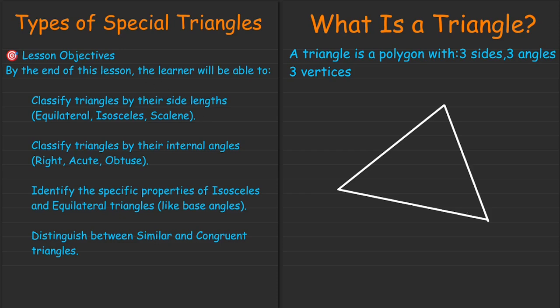In this lesson, talking of the classification or the types of triangles, we'll be looking at 2 main classifications: the classification based on the sides, and the classification based on the angles. Based on the length of the sides and the measure of the angles, we have different names we give to these triangles.